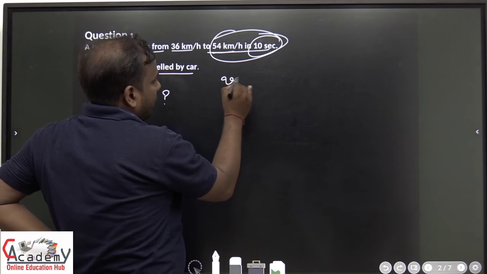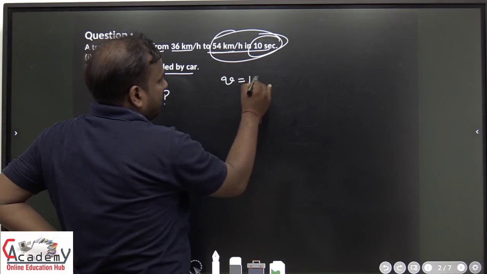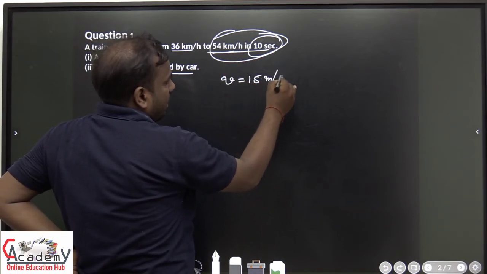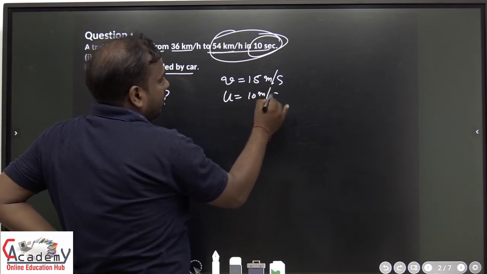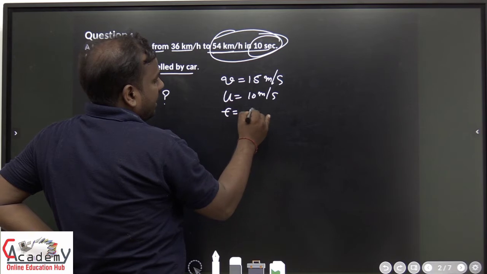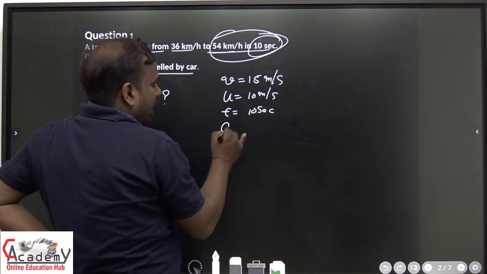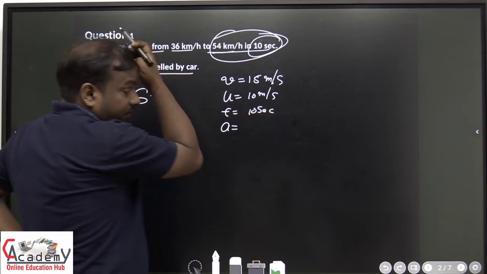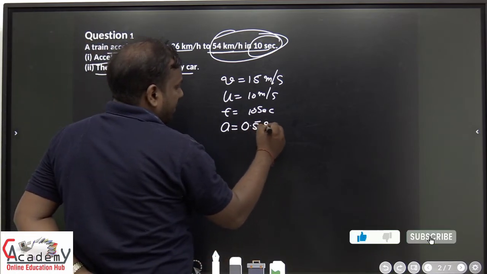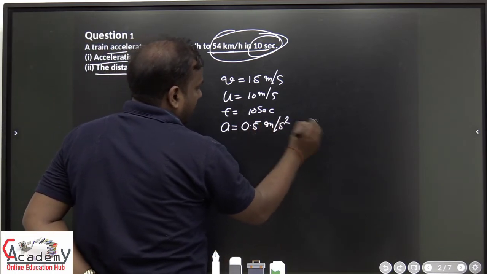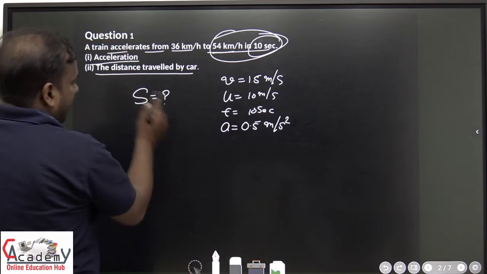We have a final velocity of 15 meter per second, initial velocity 10 meter per second, time 10 second, and acceleration 0.5 meter per second square. Then find s, the distance.